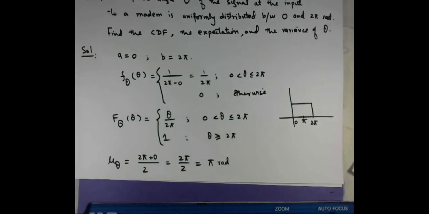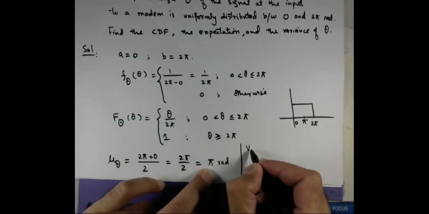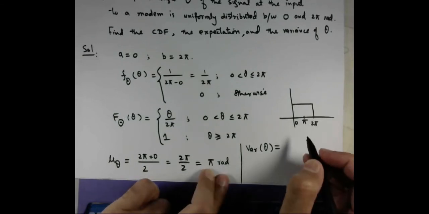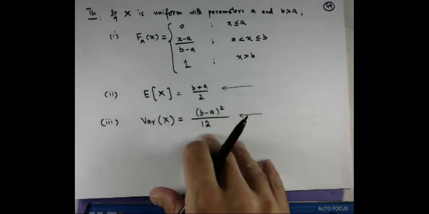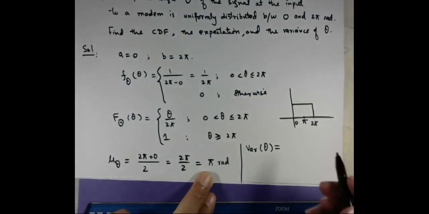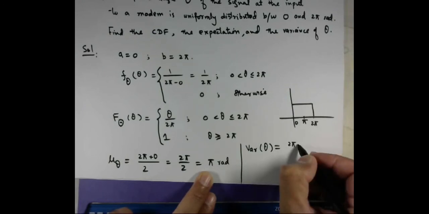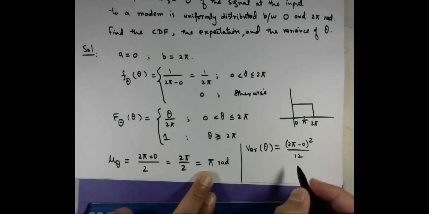For the variance, you can easily write it as such. Variance of theta should be, if you recall, b minus a whole square divided by 12. So b is 2 pi, a is 0, whole square divided by 12.